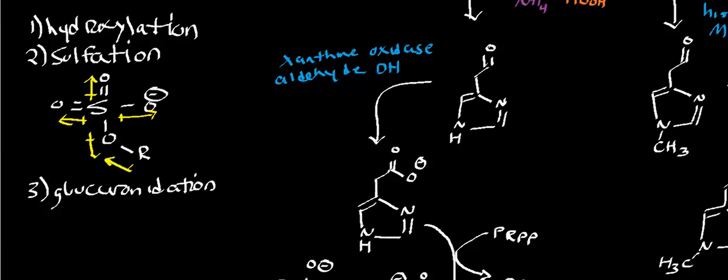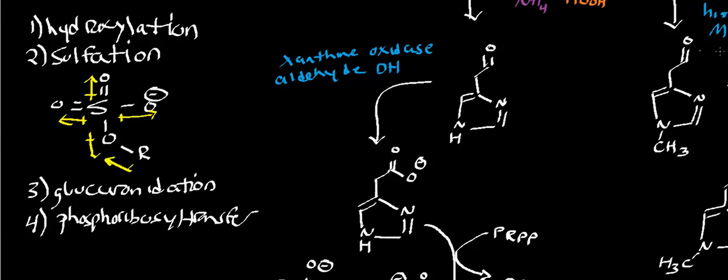But there's also another way that's a lot less known, and that's called phosphoribosyl transfer. You generally don't see phosphoribosyl transfer until you get to nucleic acid biosynthesis, because that's normally where it's used.